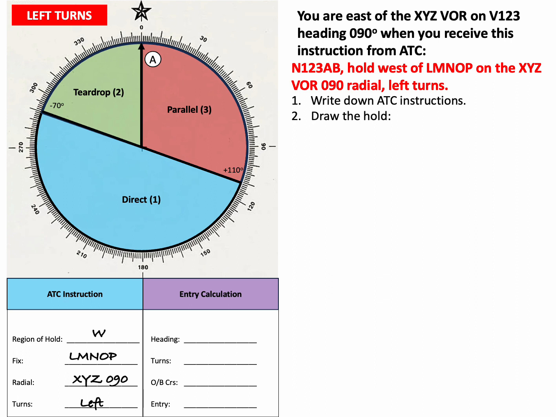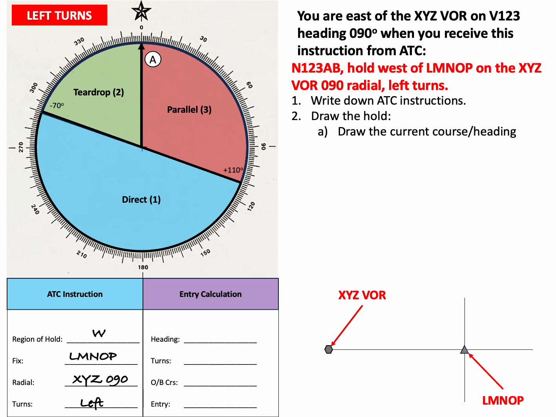Now let's work the rest of the problem. The next step is to diagram the hold, and again, it includes the XYZ VOR and the fix LMNOP. Draw and label the XYZ VOR and draw the 090 radial from the VOR because that is where the LMNOP fix is located. Next, draw the current course or heading to the VOR, 090 degrees.